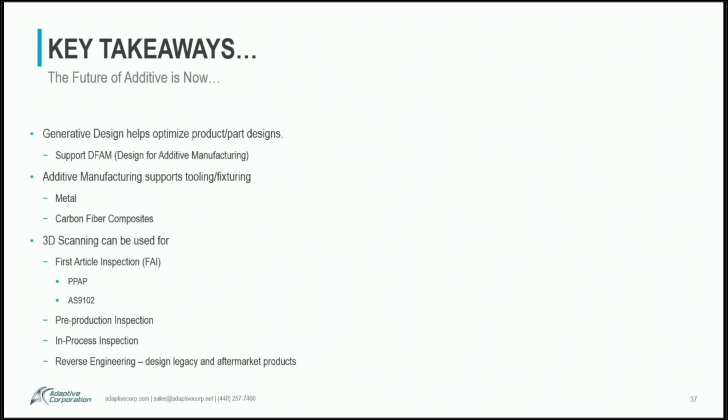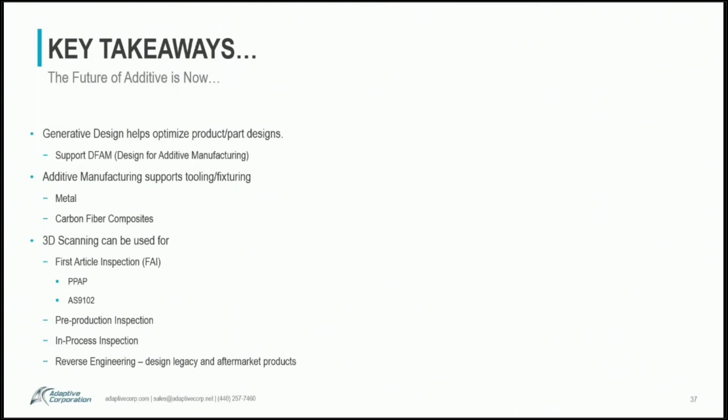A lot of people, maybe you've heard the term DFAM, D-F-A-M, stands for Design for Additive Manufacturing. So the GDE is one of those tools that you could employ in your organization to really optimize the front end of your additive manufacturing process.